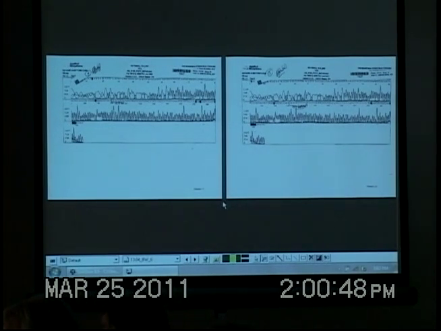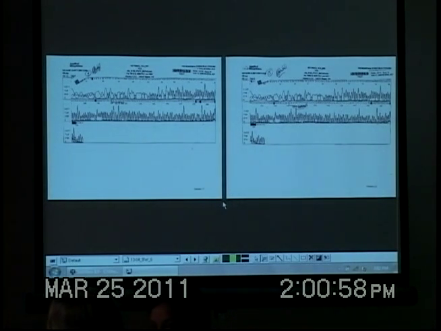Well, they look very similar. Can you tell any differences whatsoever in those two? No. In fact, just comparing the best way you can, do they appear to be identical? They do.